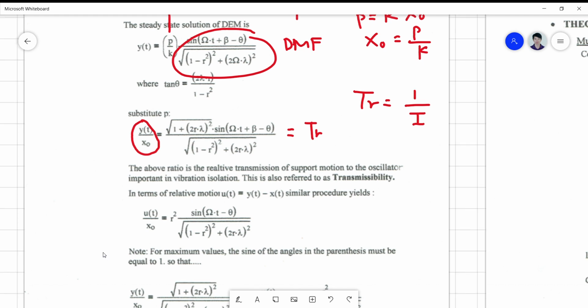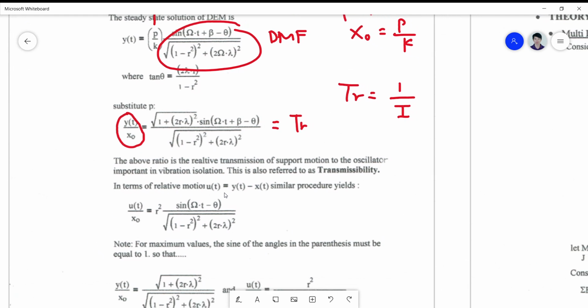In terms of relative motion, we go back to the original difference, relative y minus x of t situation. We can convert the y of t with u of t by simply taking note that y of t minus x of t is simply the relative motion.